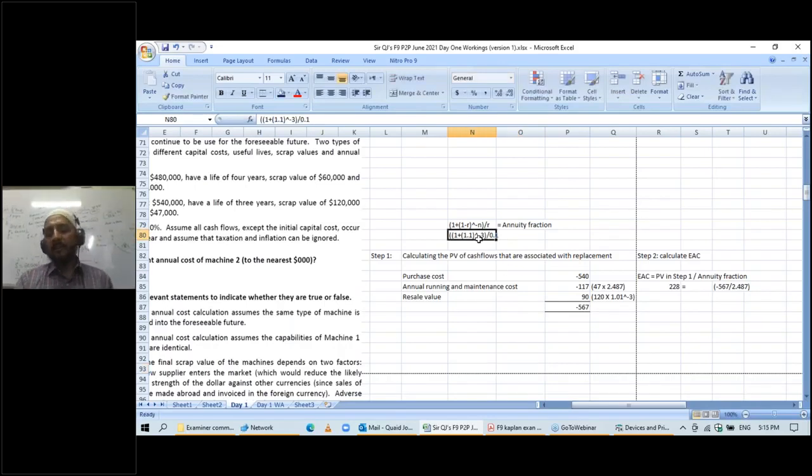You can also see this from the annuity table.